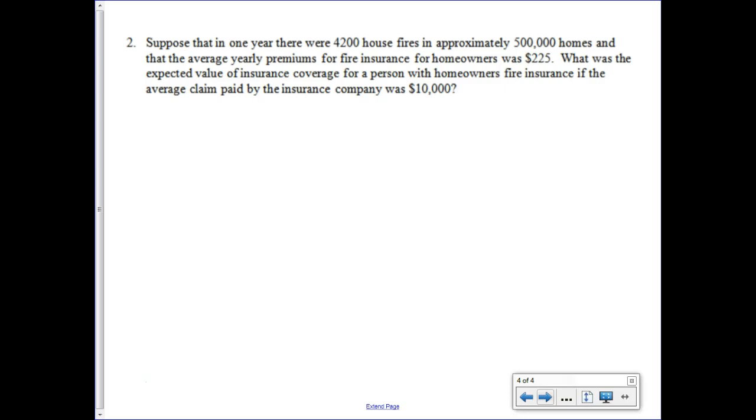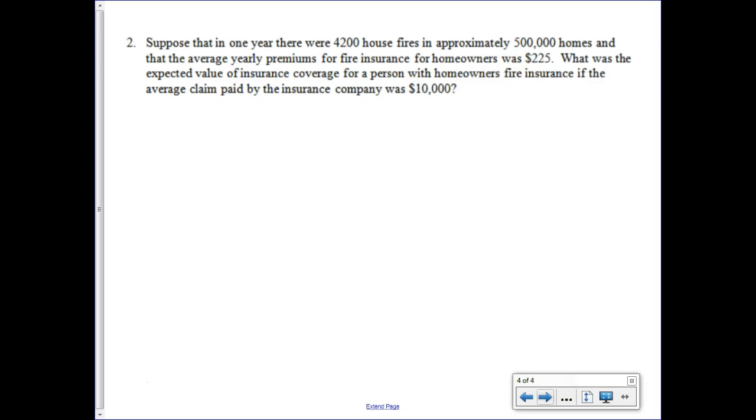So you as the homeowner, how much money are you expected to lose? What was the average value of insurance coverage?